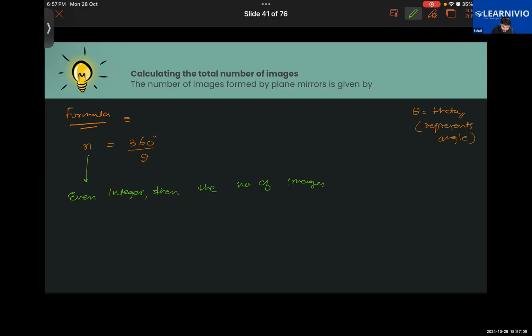But n could be an odd number also, right? If it is an odd integer, then the number of images will be simply n. There will be no change in it, neither n plus 1, nor n minus 1.